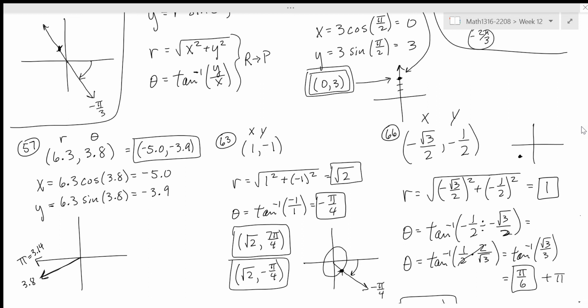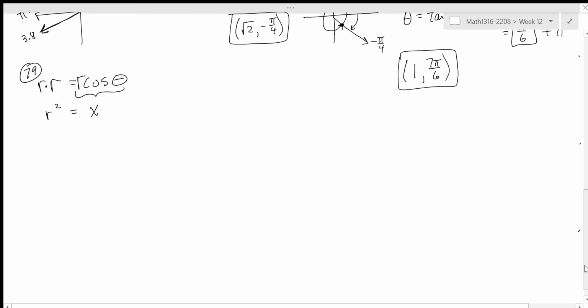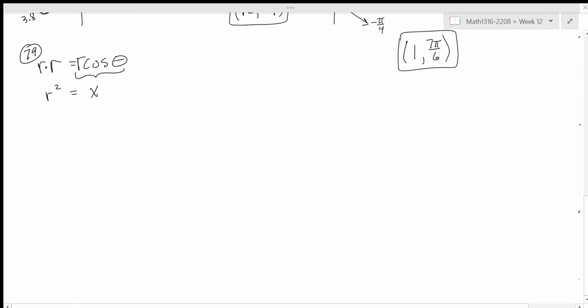Can I replace r with all of this stuff? Let's do it. That's right. So it's going to be the square root of x squared plus y squared, squared. And then a square and a square root cancel.